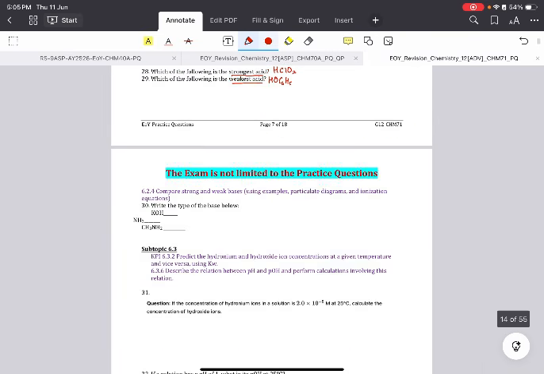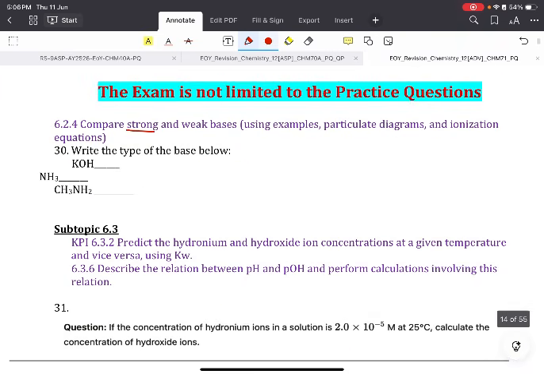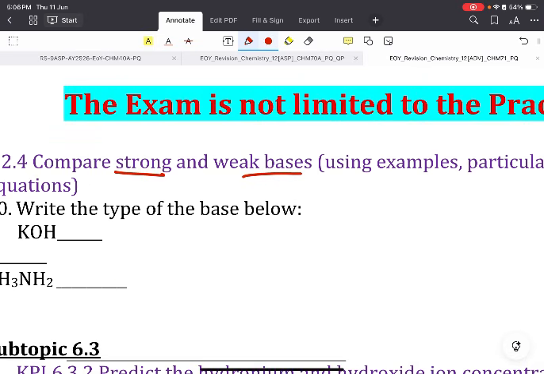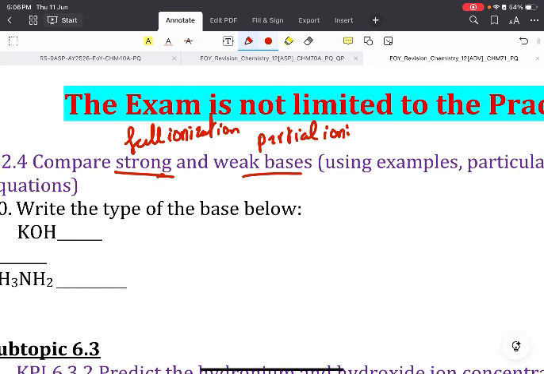Moving on with the questions, compare strong and weak bases. Again, strong and weak bases behave just like strong and weak acids. A strong base ionizes completely, full ionization, whereas a weak base has partial ionization.